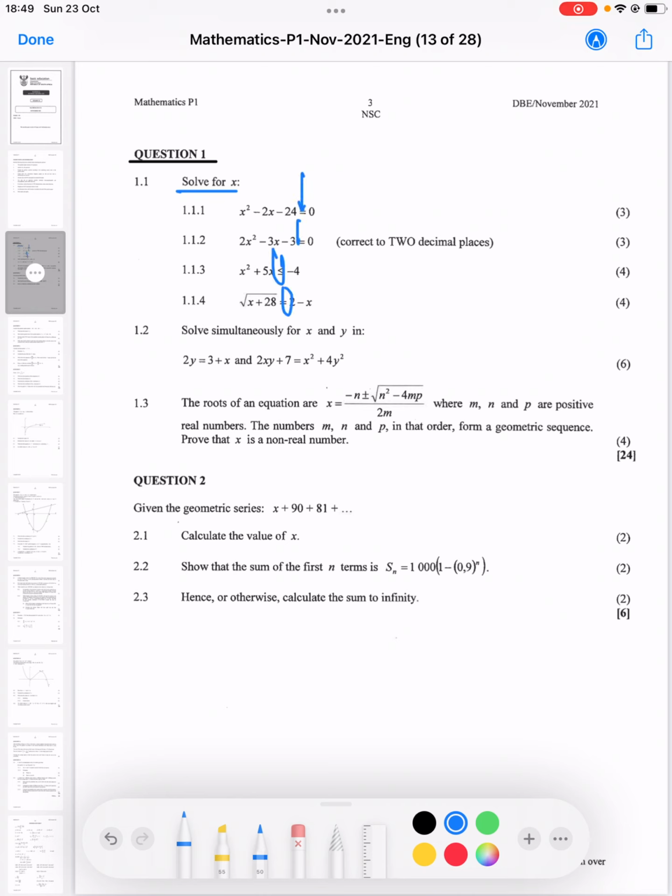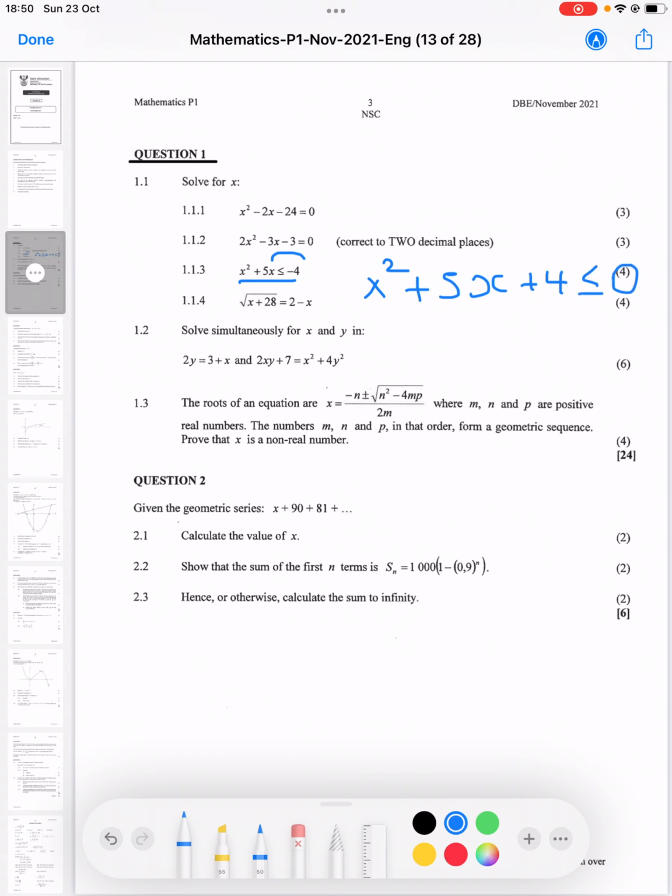Very, very much important that you are able to notice the type of problem that you are dealing with. There is a special way in which you work out those, but generally what you do is write it in the standard form where you have x squared and then you have plus 5x there. You transpose that, it becomes positive 4, and then you write that inequality sign as that.